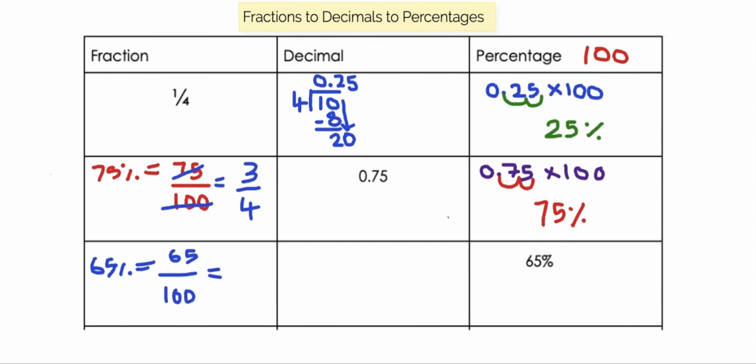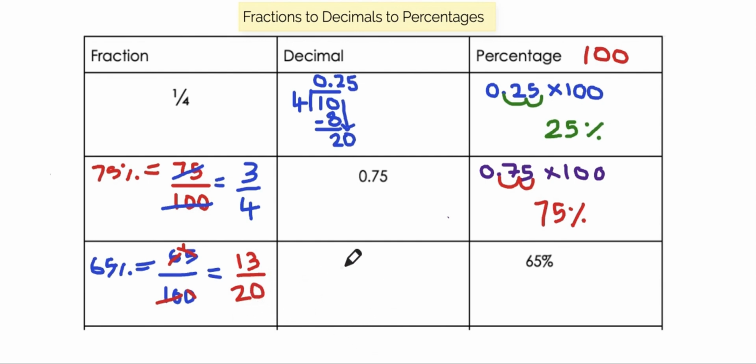Okay, in this case, let's use 5. 5 goes into 65 13 times, and 5 goes into 100 20 times. That's 13 over 20.